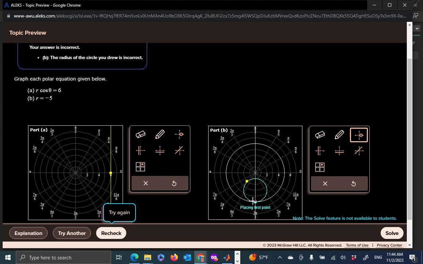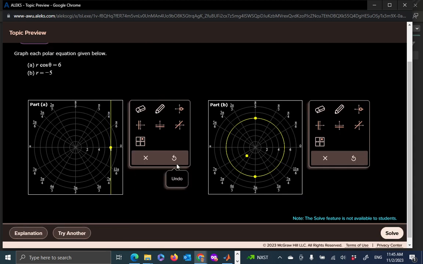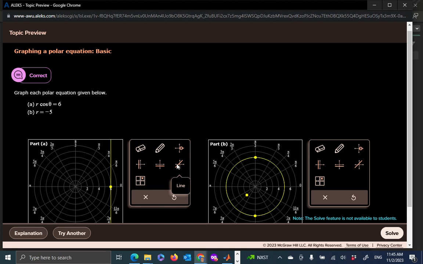So let's just go here. Easy to see. So 5, and again 5. Okay, now let's recheck, see if you're right. Apparently, okay, so that was simple.